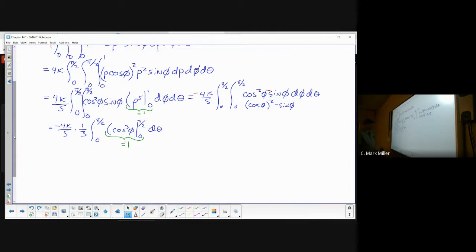Yeah. So that gives us 4k over 15 integral 0 to pi over 2 d theta, which is 4k over 15 times pi over 2.